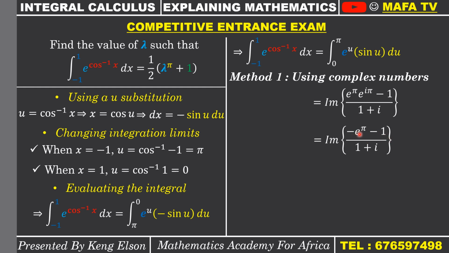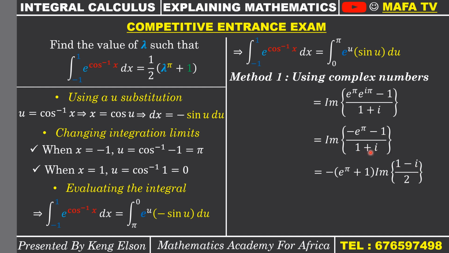Now negative e to the pi minus 1 is a real number, so we can remove it out of this imaginary part because it is real. So removing it out, and factorizing the negative sign, then rationalizing 1 over 1 plus i. If we rationalize 1 over 1 plus i, the conjugate of 1 plus i, which is 1 minus i, is going to come in the numerator.